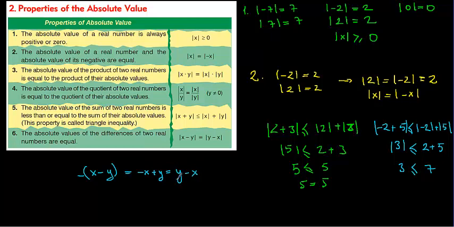So y minus x is the negative of x minus y, and we know that the negative of a number, in absolute value, is equal to itself. That's why the negative of the number is not going to affect the absolute value.